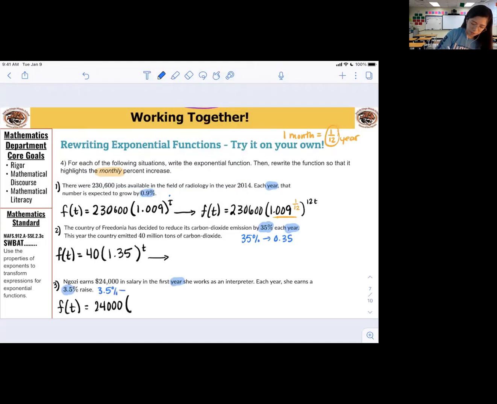Good. In the parentheses, I'm adding, so what's 1 plus 0.035? 1.035. Good. Cool. There are your starting functions. You're going to convert each of them, plug it into your calculator, and get your final answer. I'm going to give you guys about 5 minutes to work on that. We'll go over the answers and then we'll be done.